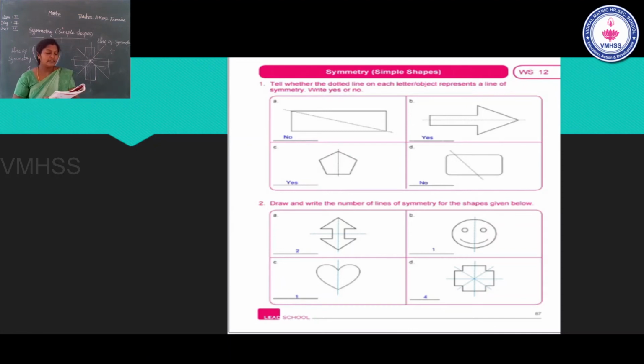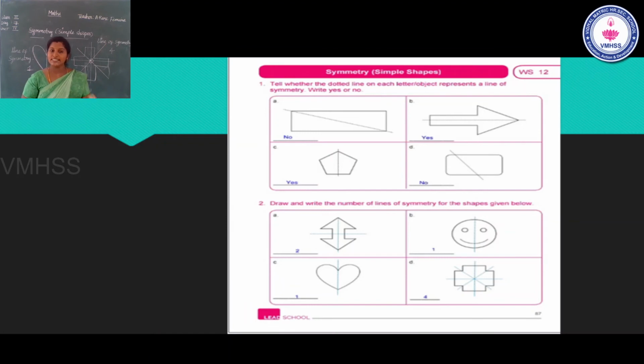Okay. So what is the main theme today? Symmetric shapes. So first, tell whether the dotted line on each letter object represents a line of symmetry. Yes or no. So first we recall.